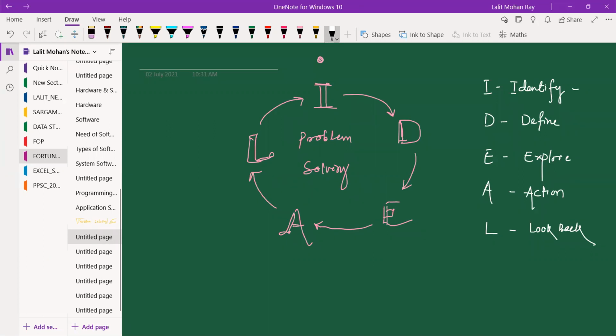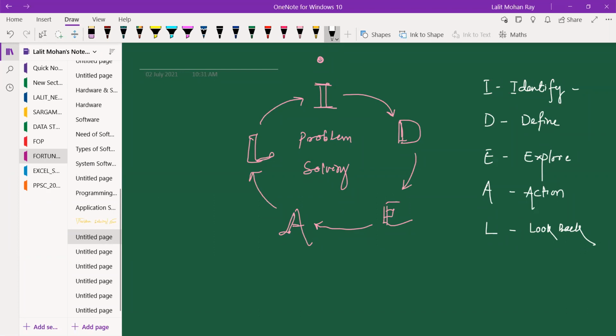Which is the best alternative to solve the problem. So this is brainstorming in a non-judgmental way. Then you have to find the suitable alternative. After getting the suitable alternative, then action.